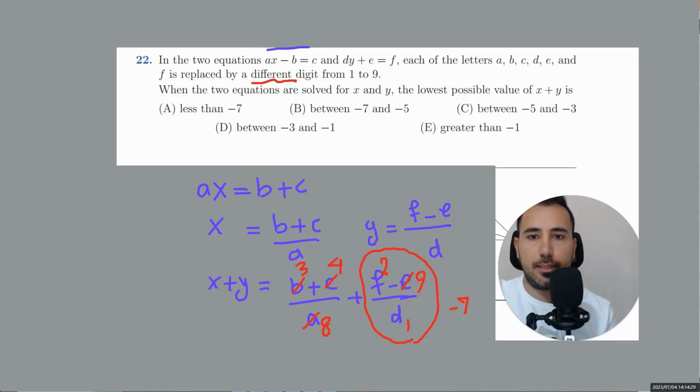So which one is it? When the two equations are solved, the lowest possible value of x plus y is, you see, negative 7 plus this one. The only option that has this value in it is option B. Much easier than the previous question, isn't it? Okay, so let's go.